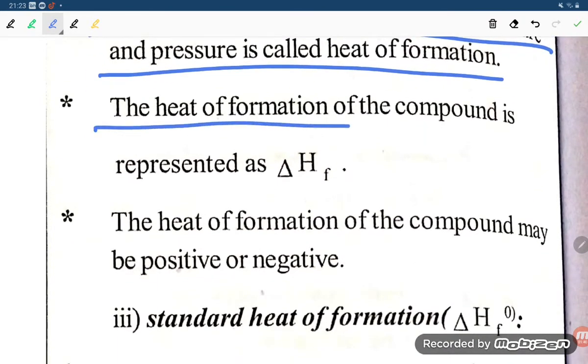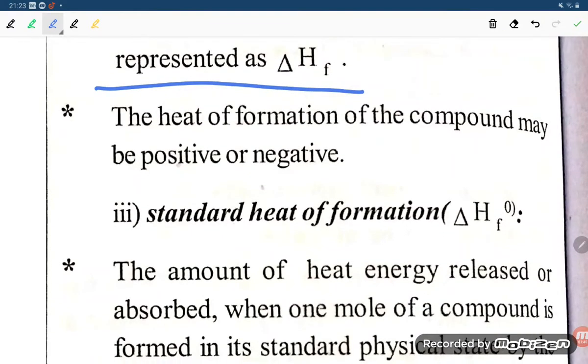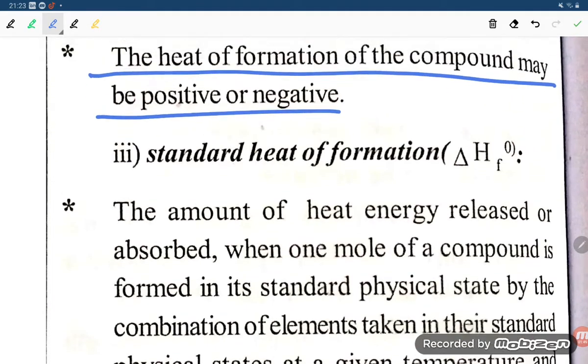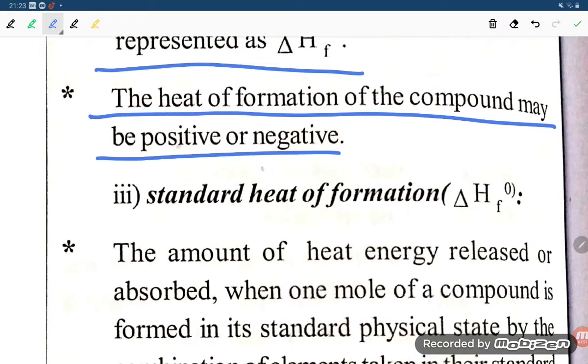The heat of formation of the compound is represented by delta HF. The heat of formation of a compound may be positive or negative. If it is exothermic, it is negative, and if it is endothermic, it would be positive.